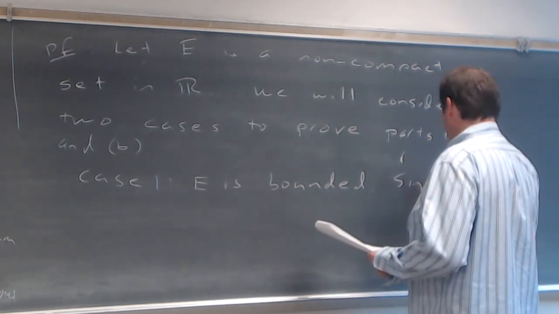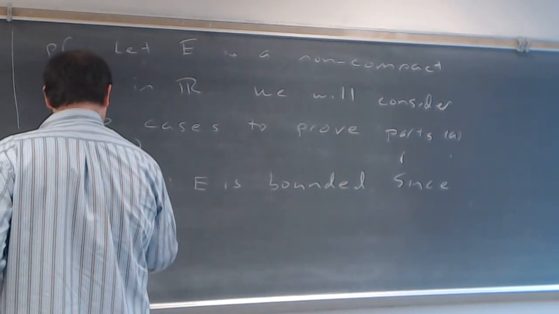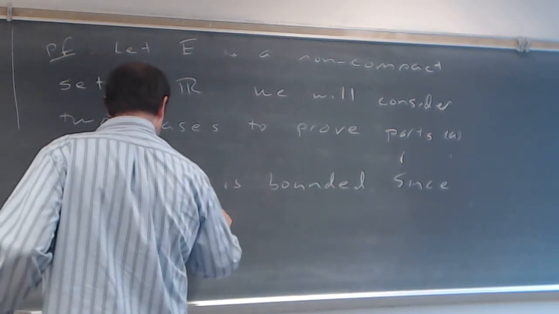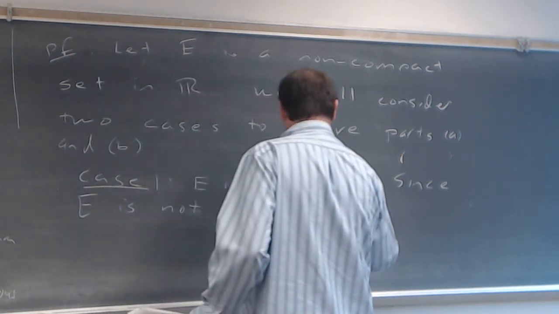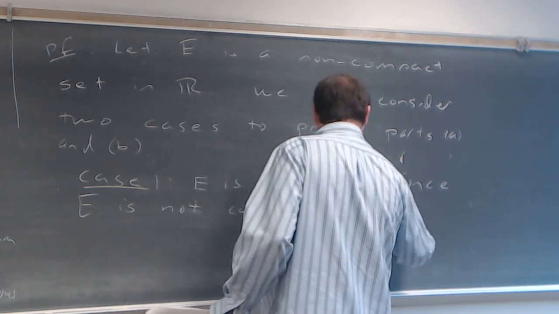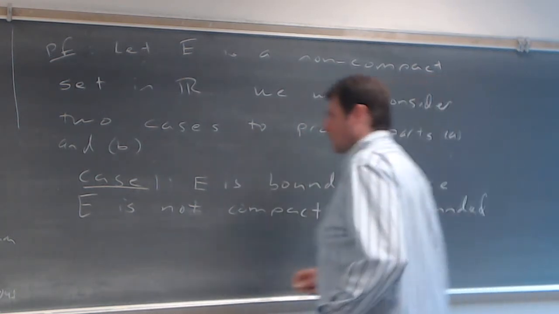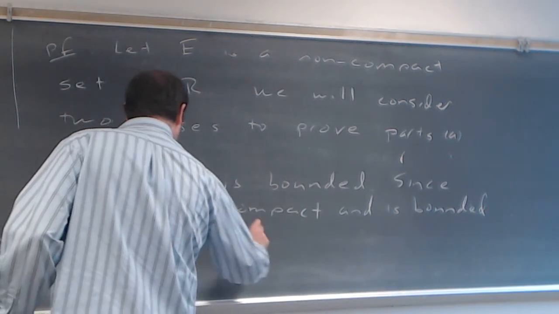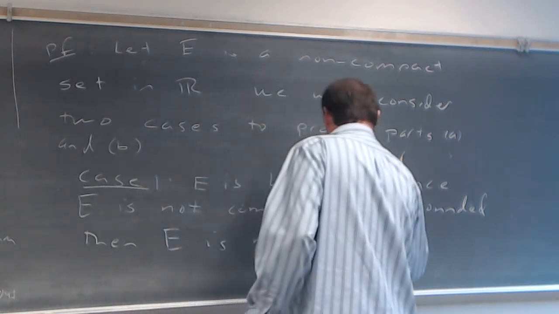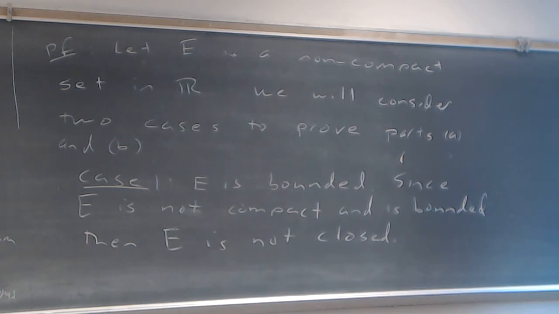So let me write that down. Since E is not compact and is bounded, that means E is not closed. So what does it mean for E not to be closed? It means it doesn't contain all of its limit points.